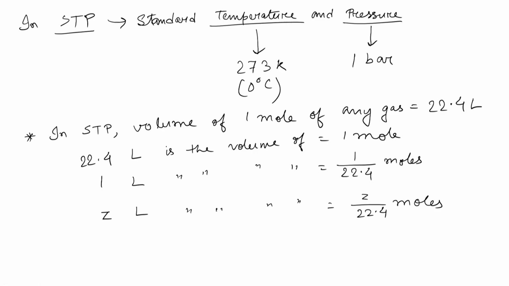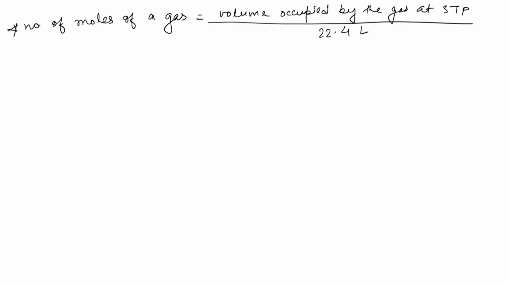The third formula is this. Let's say this is n, and V is the volume of any gas. So, n is equal to V by 22.4 liters.